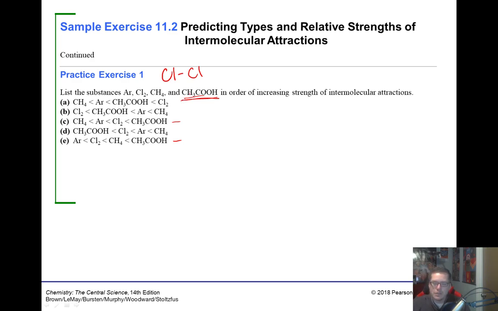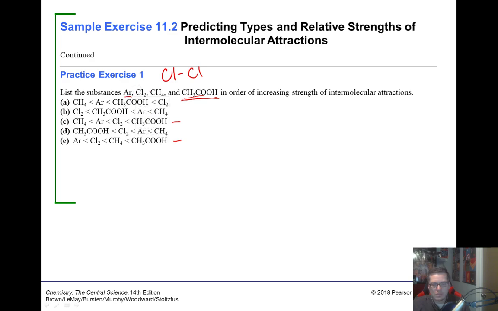Remember, with dispersion forces we're looking at the squishiness of the molecule versus its size, its mass, etc. Argon is just this lone noble gas, and it's going to have the weakest intermolecular force, even though it weighs the second most.